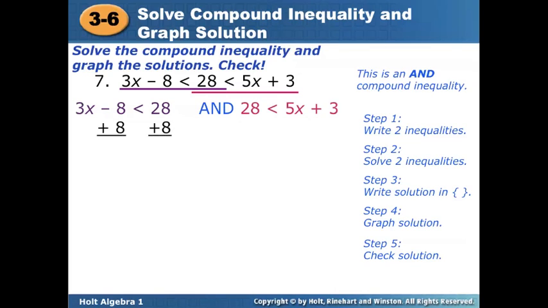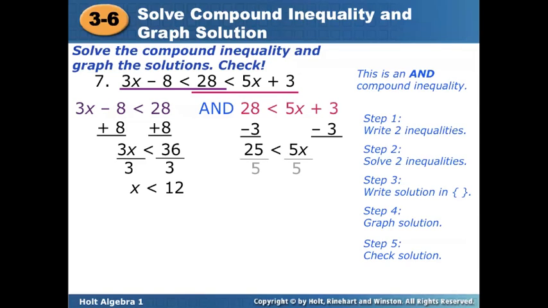To solve, you should have added 8 and then divided by 3. For the second inequality, you should subtract 3 and then divide by 5. Here we have that x is less than 12 and 5 is less than x.